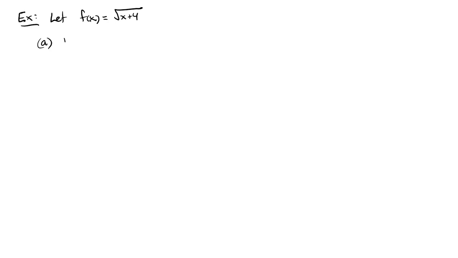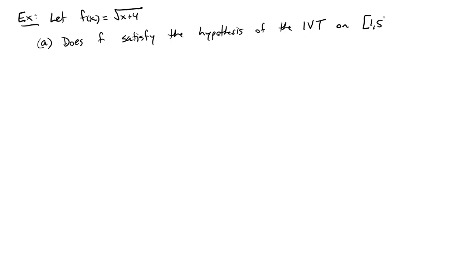Part A, does f satisfy the hypothesis of the intermediate value theorem, which is often abbreviated IVT? Now, I prematurely wrote the question mark because I need to give you more information. Does f satisfy the hypothesis of the IVT on the interval from 1 to 5 inclusive?